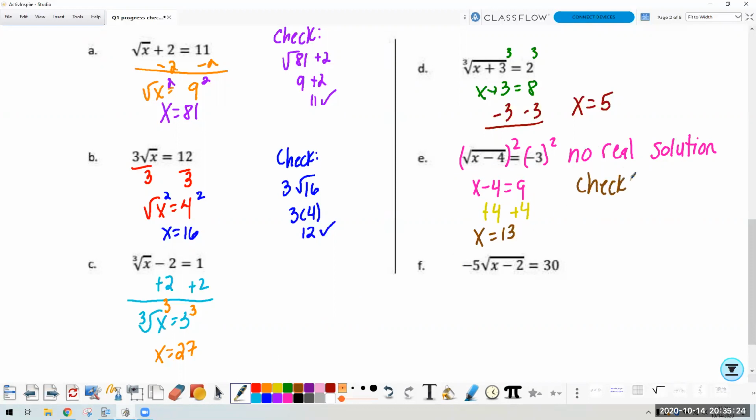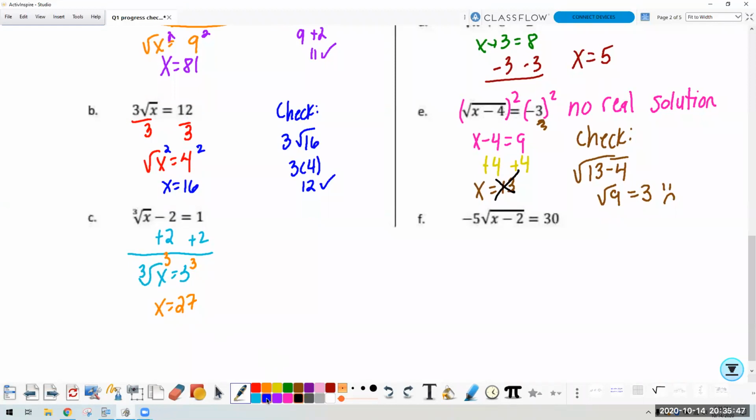I have to check because I started with the square root. So the square root of 13 minus 4, the square root of 9, that's positive 3. That is not negative 3. So 13 is not an answer. There is no real solution to part E.